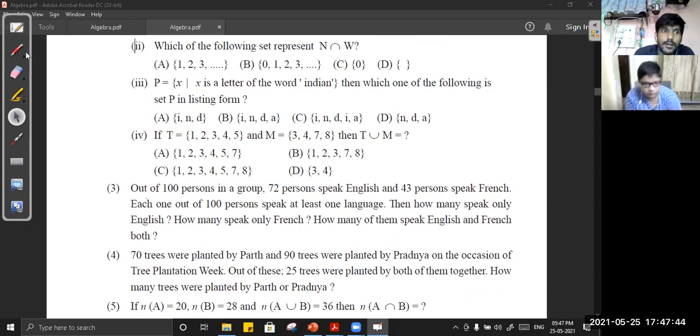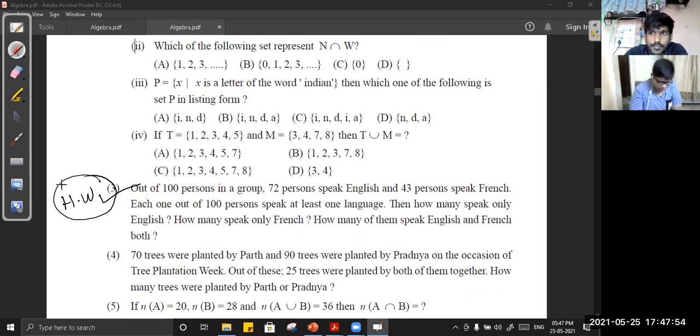Okay. I want you to do the third sum for homework. Make a note of it. Problem set 1, question number 3, which is on page, I'll tell you the page number also.